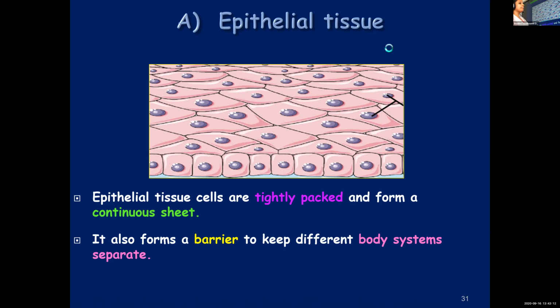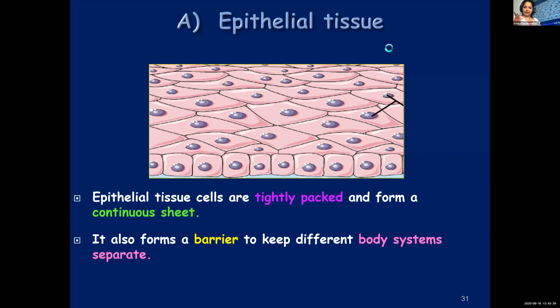Then the next point, this we can say is its function. It acts as a barrier keeping different organ systems separate. In your body, we have the respiratory system, digestive system, excretory system. So many systems are there, and these systems are kept separate with the help of epithelial tissue, which acts as a barrier and separates the different organ systems.